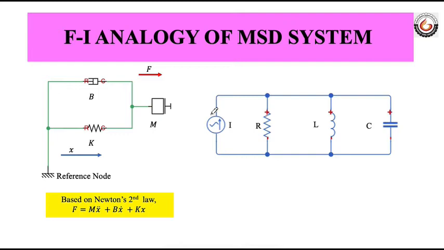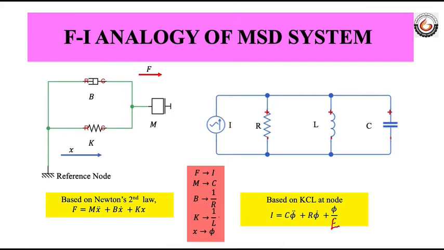If I write the equation of the circuit on the right hand side, the sum of all three currents through the resistance, inductor and capacitor, based on KCL at the node, will be: I equals C times the double differentiation of flux, plus the single differentiation of flux divided by R, plus phi by L. Okay, so there is some analogy.